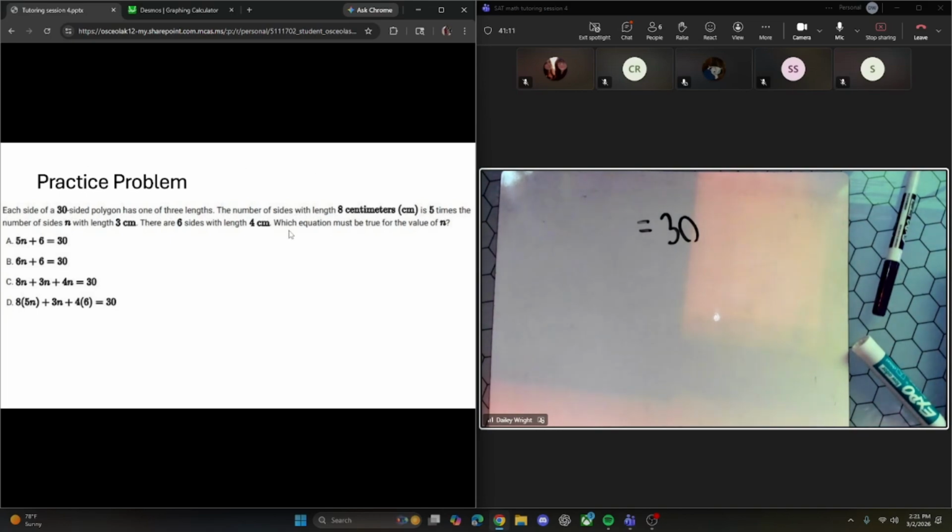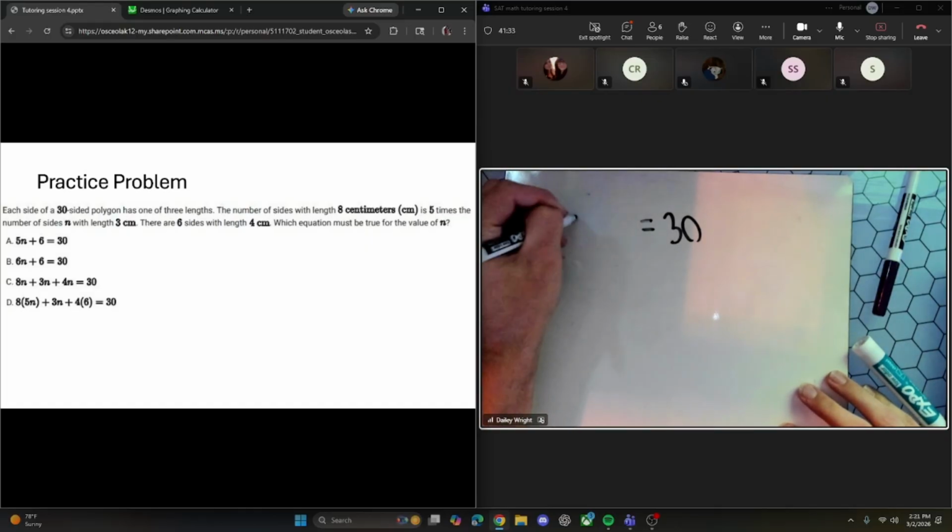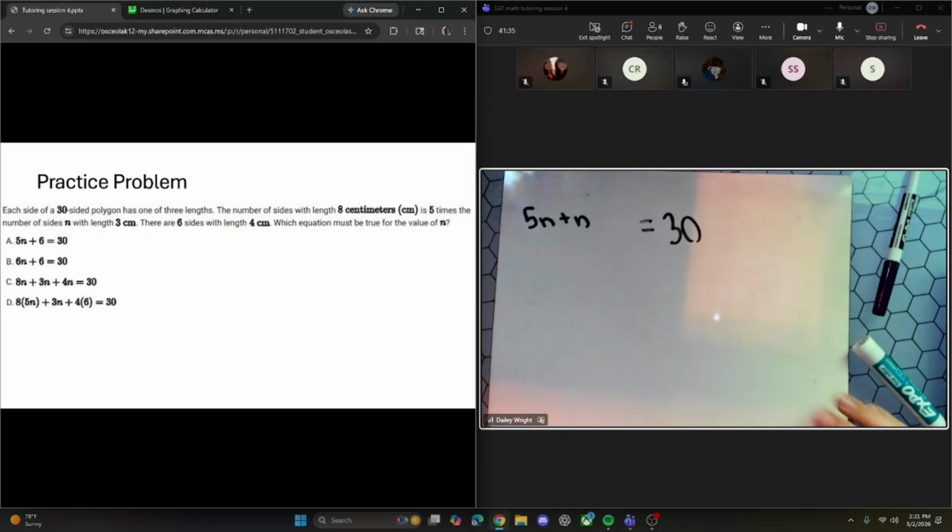It says the number of sides with length 8 centimeters is 5 times the number of sides n with length 3. So the number of sides with length 8 is 5n. So we know the number of sides with length 3 is n because it says the number of sides with length 8 is 5 times that amount.